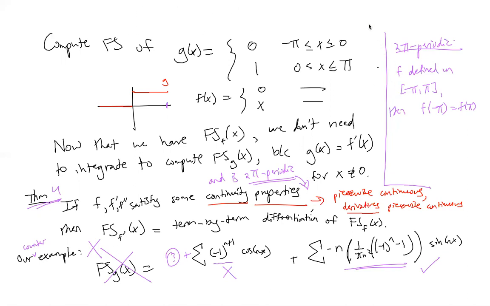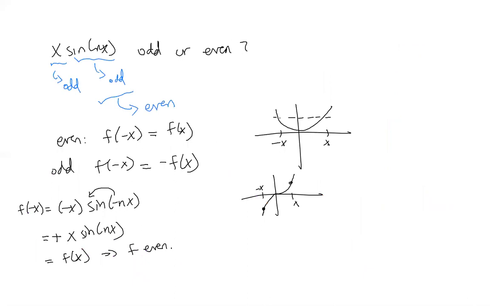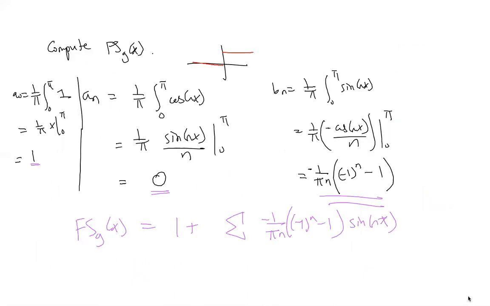Okay, so with that in mind, let's do one more example where we do odd and even extensions. Let's compute what's called the Fourier sine series, for example. So it's not just the Fourier series, but it's a sine series, which means we only want sines in it.